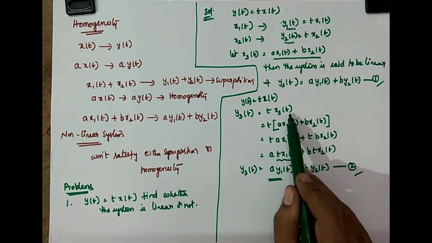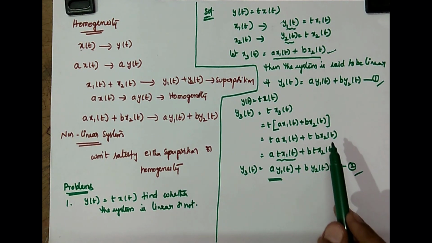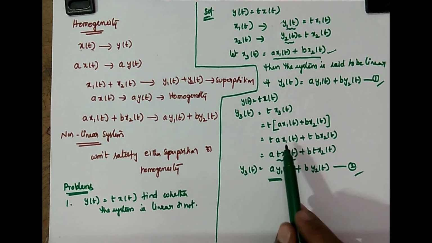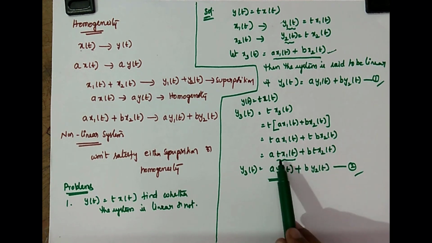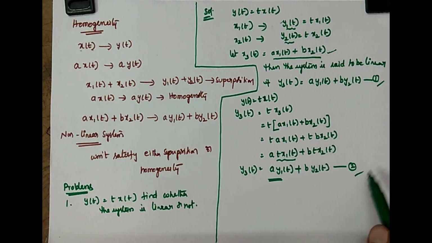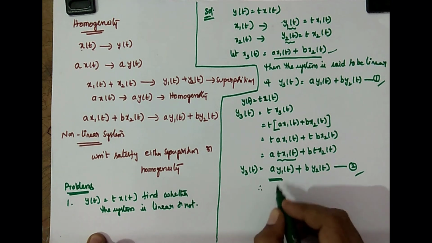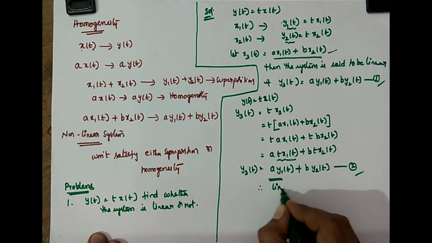Now in the place of x3 of t, you have to substitute a into x1 of t plus b into x2 of t. Then solve this. You will get these two terms. If you observe these two terms, these are nothing but a into y1 of t plus b into y2 of t. So now if you observe 1 and 2, the system is said to be linear system.